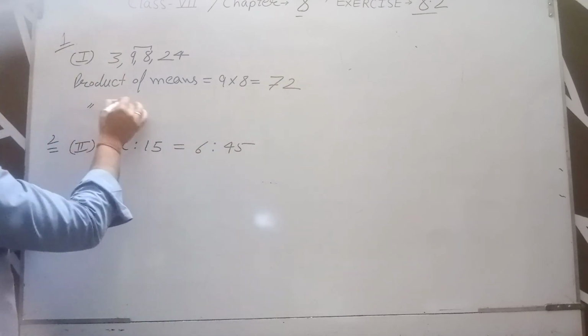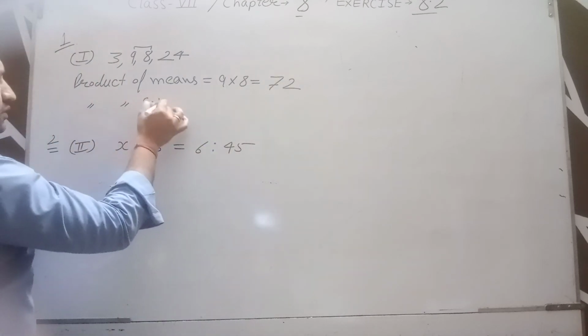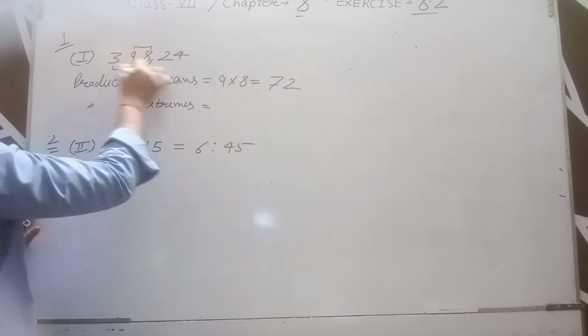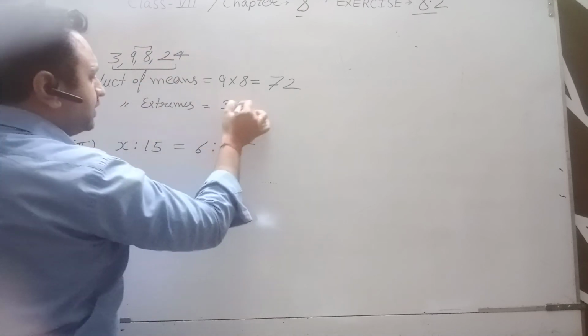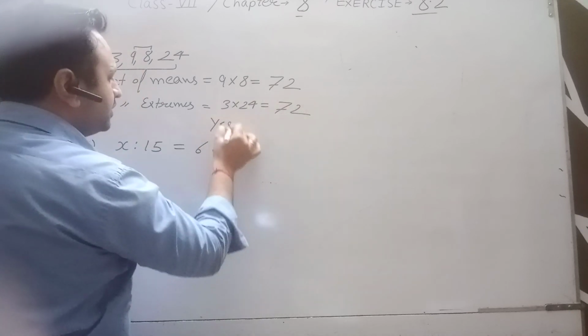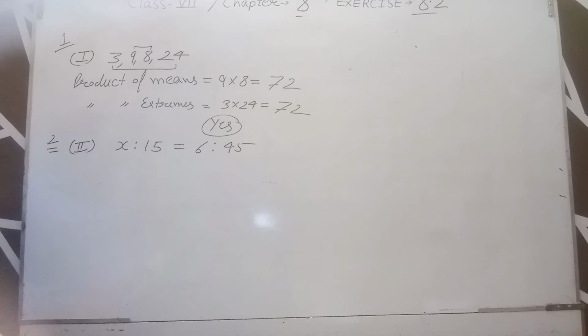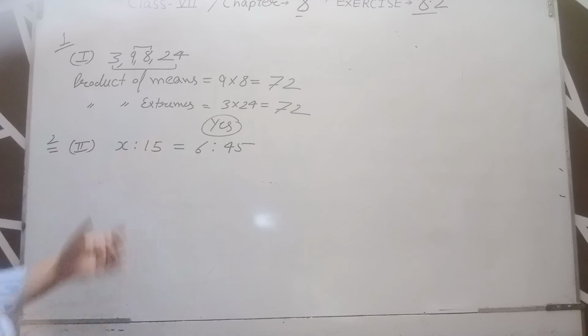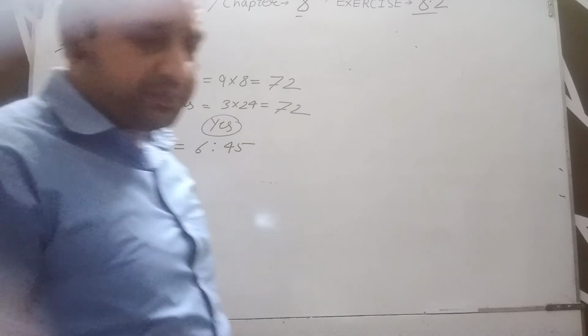Now we have to find the product of extremes. It means we have to multiply these 2 numbers, 3 multiply 24, which is also 72. So it means these numbers are in proportion. If these values are not the same, this means the numbers are not in proportion. Similarly, in the second part.